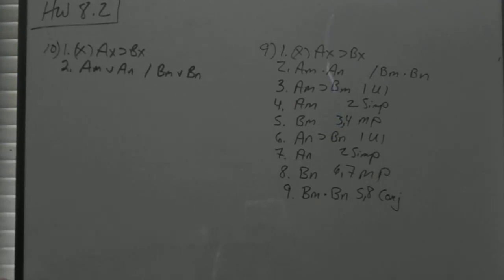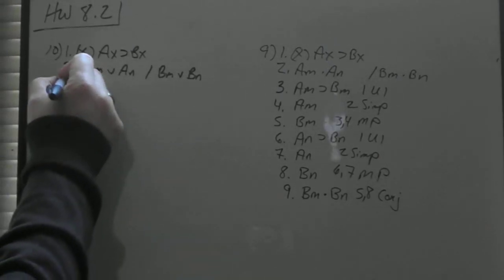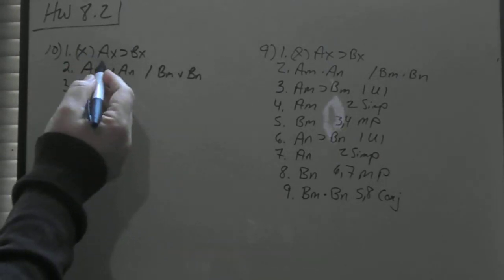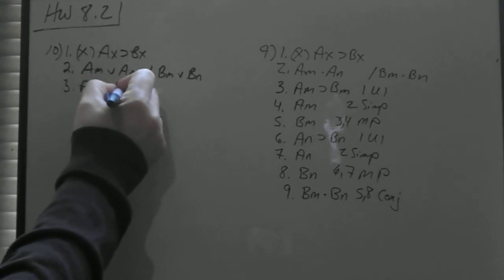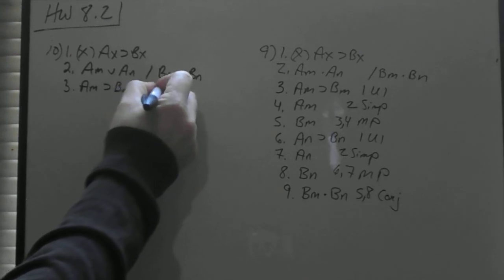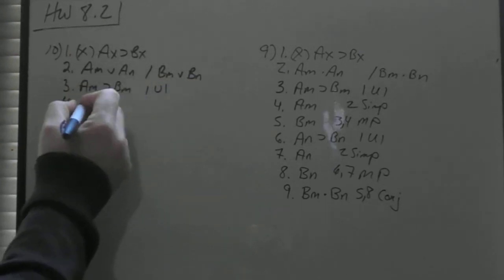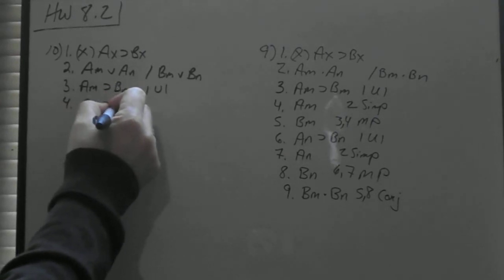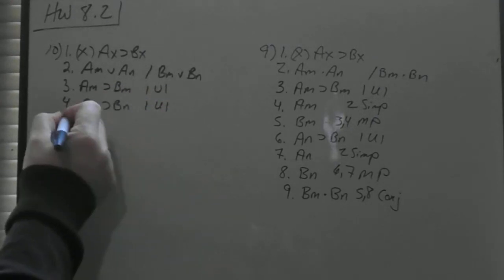Once again, we've got the m and the n, so we're going to instantiate twice. And when you do, you'll see how very easy this one actually is. So the first time we're going to use m. This becomes AM, then BM from line 1, universal instantiation. And then we'll do it again using the n. AN, then BN from line 1, universal instantiation.